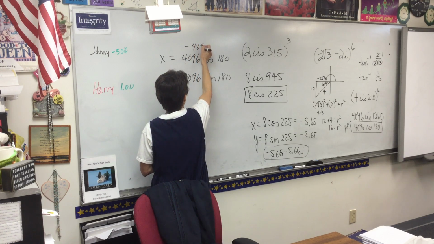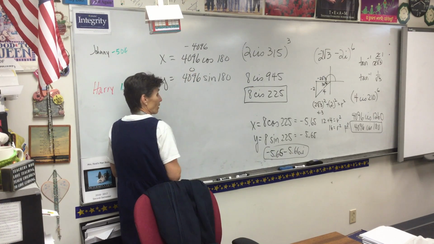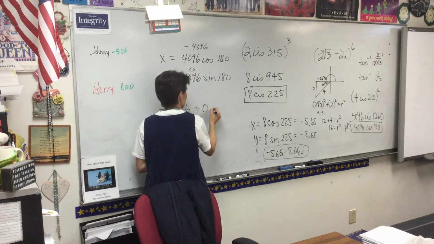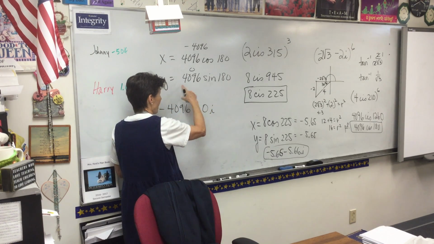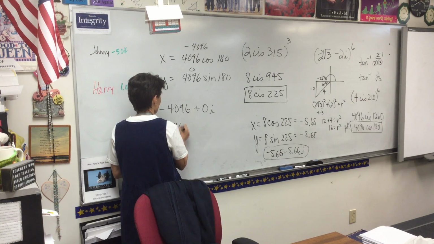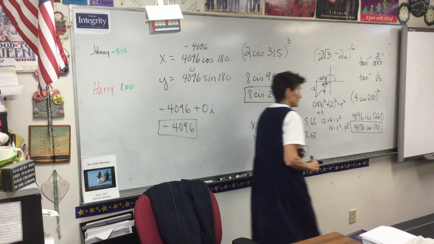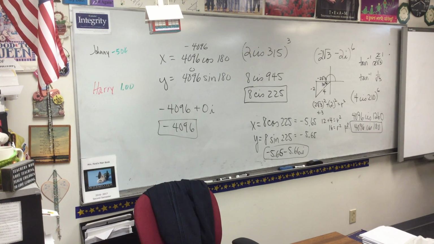Negative 4,096. And what do we get for y? 0. So our answer is negative 4,096 plus 0i. Remember, the i always goes with the y. Or you can just say negative 4,096. Either one, doesn't matter. Sometimes we like to add that plus 0i to just remind us that it's there, but you don't have to put it.